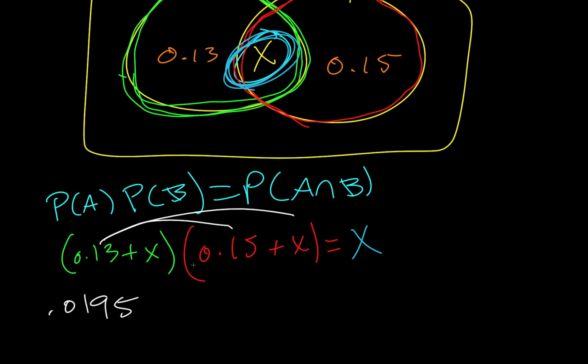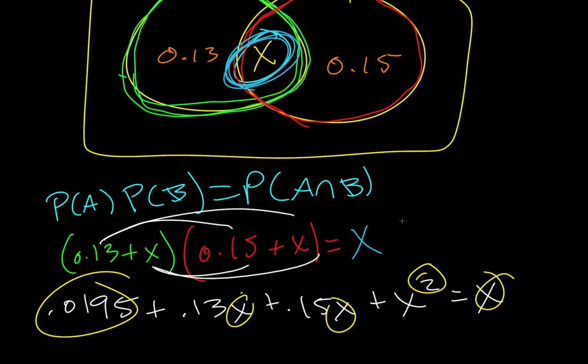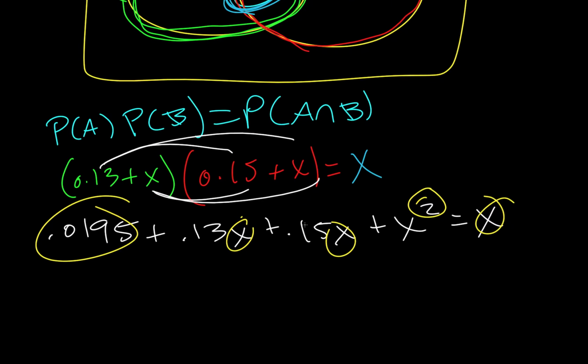Then we do this times this, which is going to be 0.13x. This times this, 0.15x. And then x times x is going to be x squared. And we're still equal to x. Now, because we have an x squared and an x and a constant, and then we have other x's, that means that this is going to be quadratic.